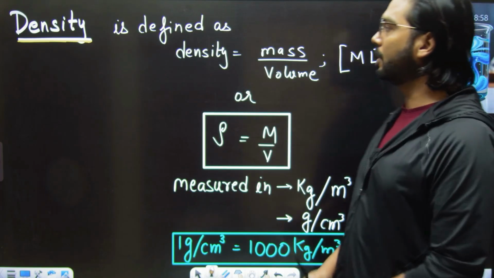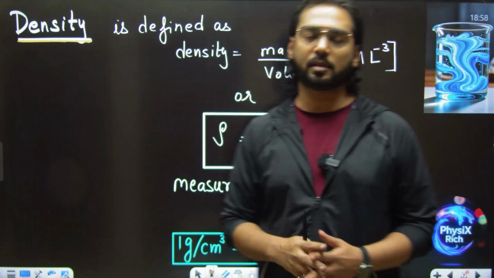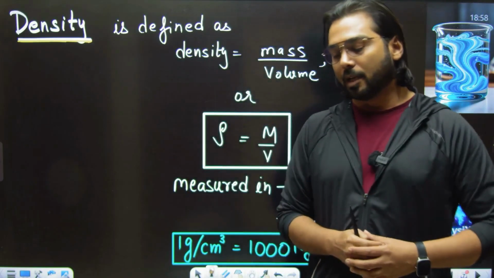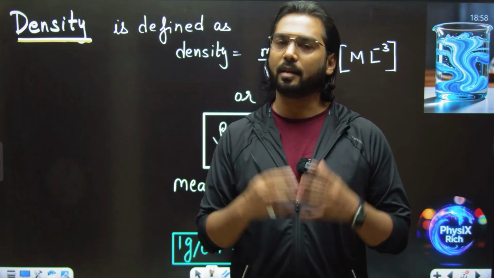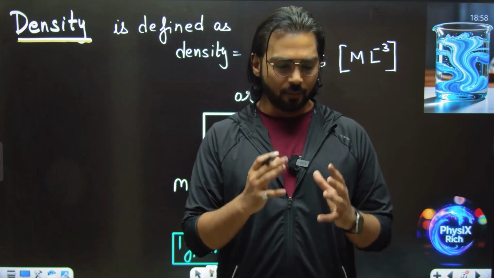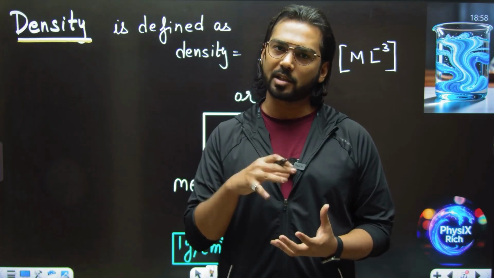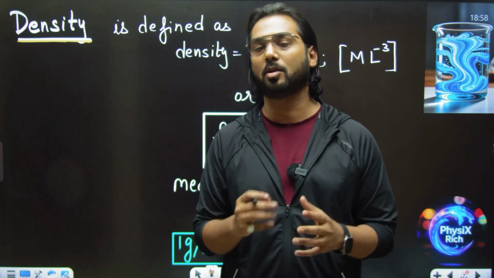Now let's talk about density. What is density? Density is basically mass per unit volume. Now, I need you to understand density very nicely. You can see that if in a given volume I am able to put a large amount of mass, then that substance must be having a large amount of density.